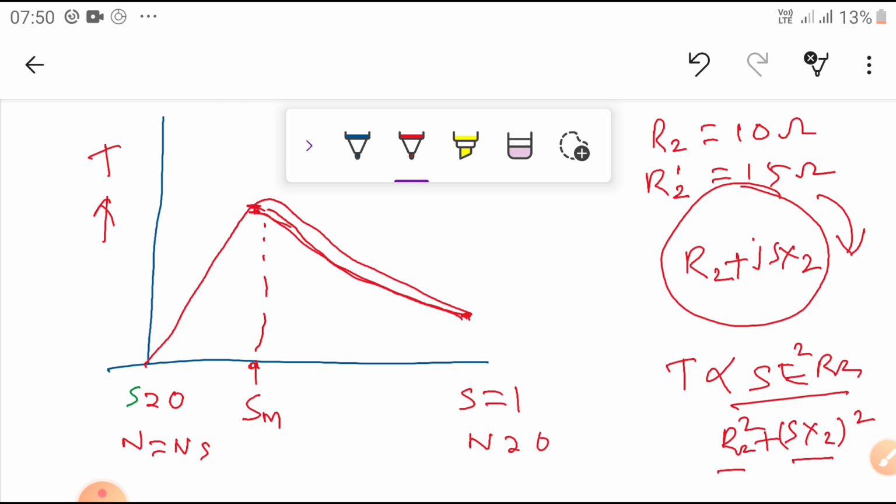The value increases. The starting torque, where S is equal to 1, is directly proportional to R2. As the resistance value increases, the torque value increases in this case. So here, instead of this point, I am going to get the starting torque here.